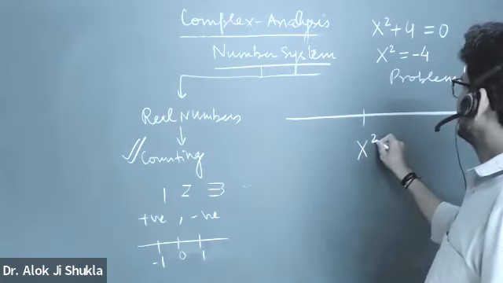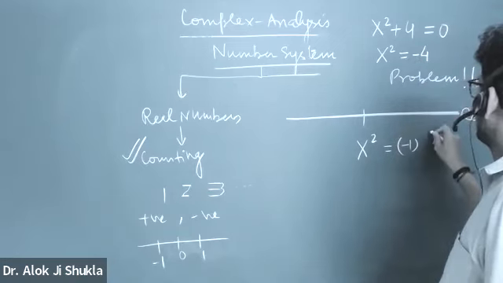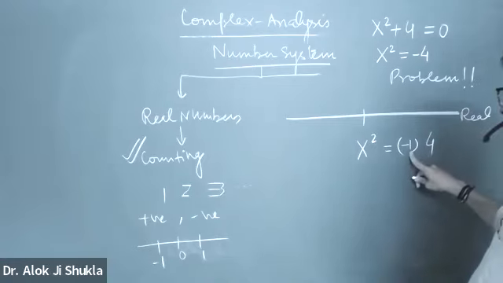People wrote it like this: the part that is the problem is minus 1, and 4 is not having any problem. Yes or no? Yes, sir, this is giving the problem.